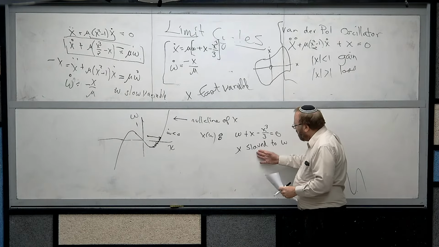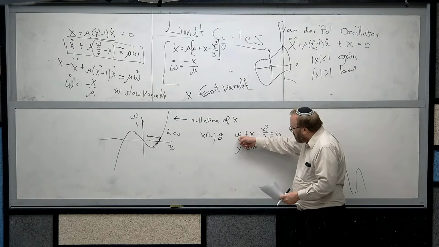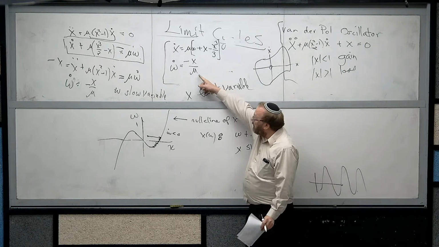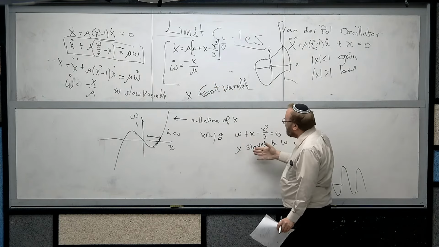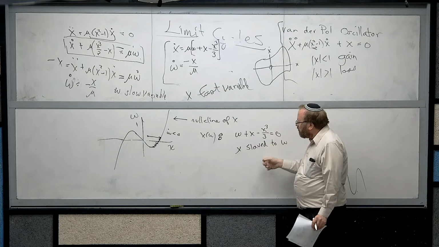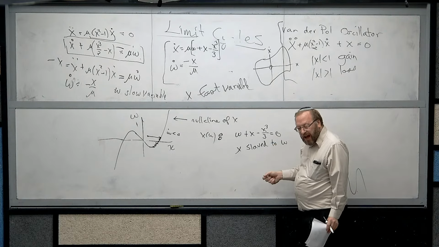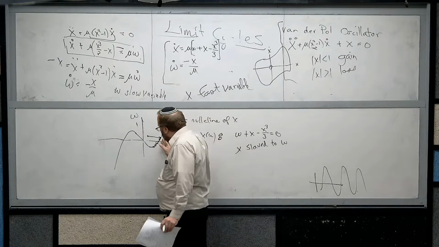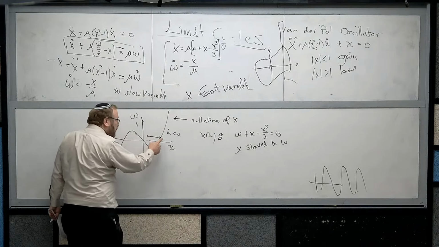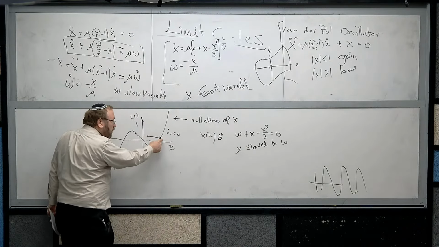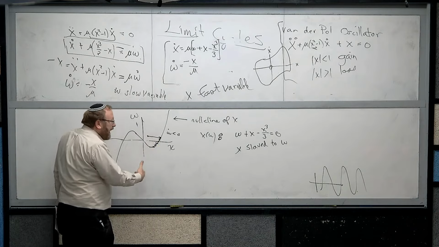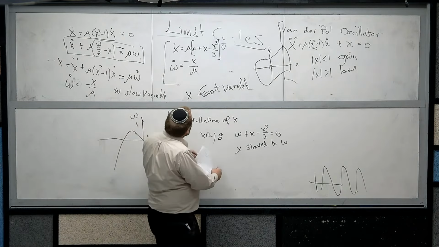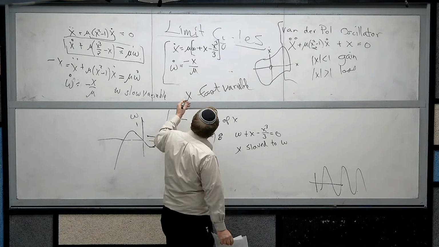And because omega is just changing slowly by this equation, x is sort of dragged along for the ride. So x is changing very slowly as well. Everything is changing slowly here, because omega is changing of order 1 over mu.